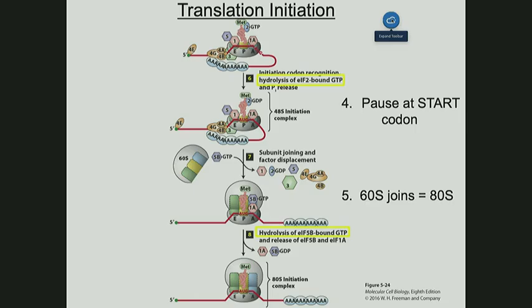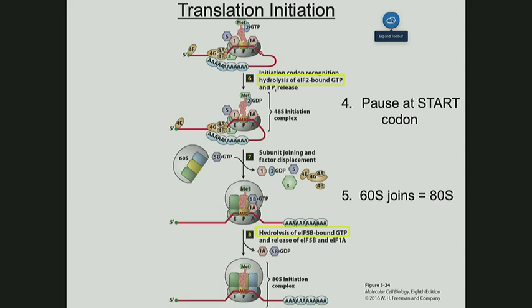Once the anticodon base pairs to that AUG, the whole complex is going to pause at this start codon. That pausing then allows the other subunit. Remember, we still need the other half of the ribosome to come in. So this large 60S ribosomal subunit is then going to join the complex. There, they get locked together to then form the 80S.